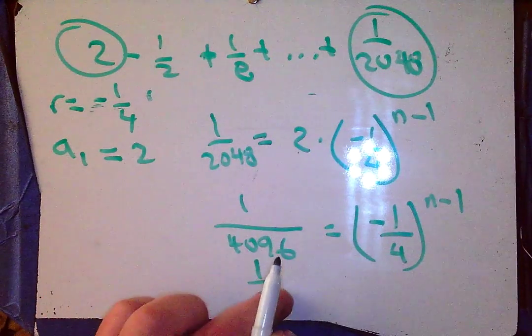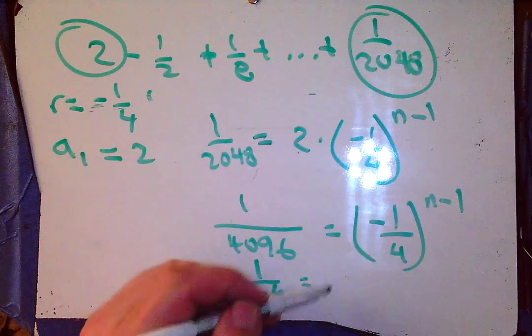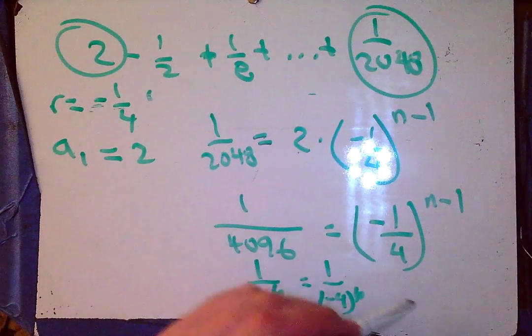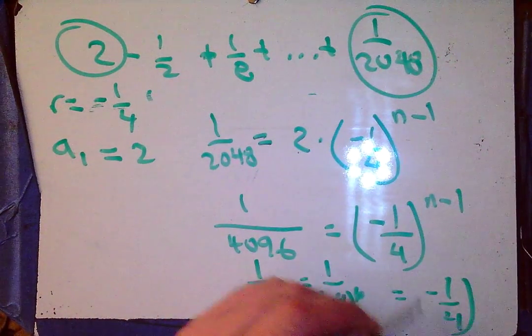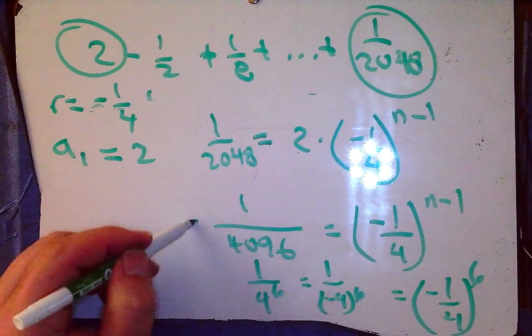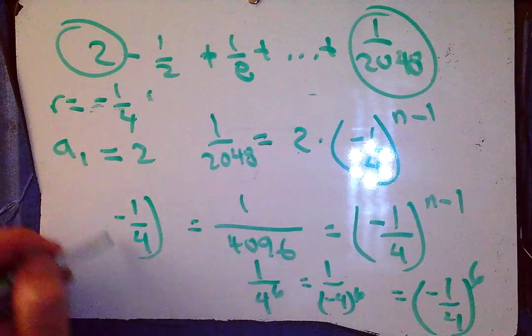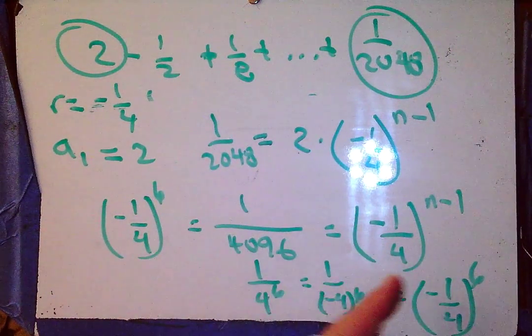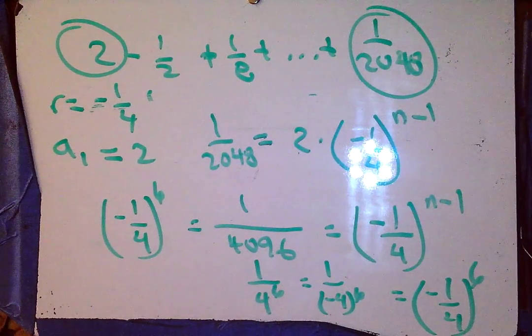So this is 1 over 4 to the 6th. In fact, it could be rewritten as 1 over negative 4 to the 6th, or negative 1/4 to the 6th. So on this side of the equation, I have negative 1/4 to the 6th. And on the other side of the equation, I have negative 1/4 to the n minus 1.